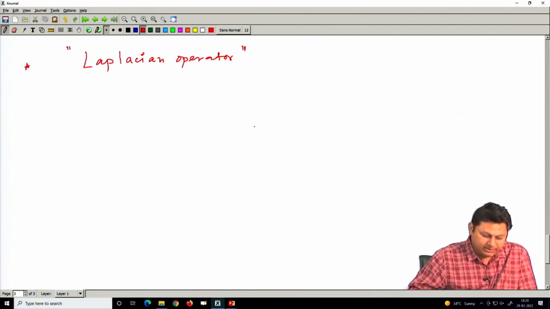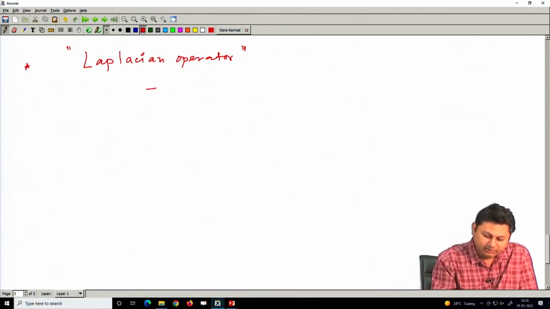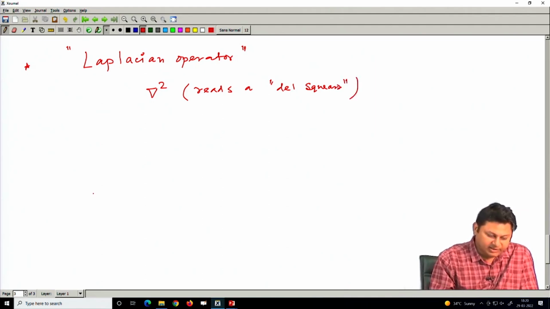The Laplacian operator is normally defined in this way, and it is read as del square. What is del squared?